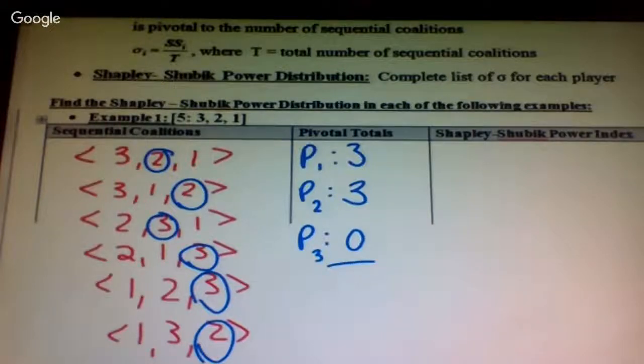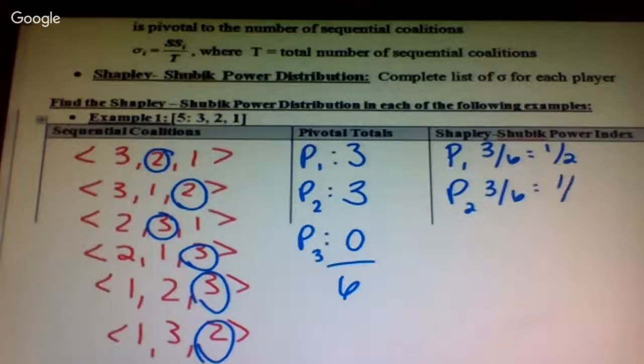What's my total? 6. So player 1 is 3 out of 6, or 1/2. Player 2 was 3 out of 6 as well, which is 1/2. And player 3 is just a 0.